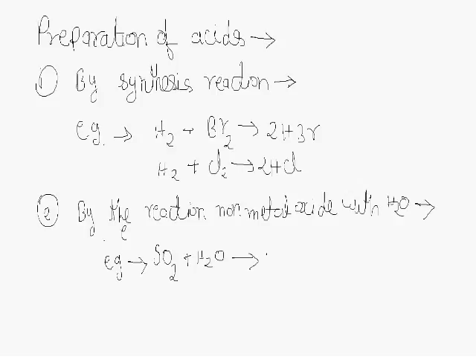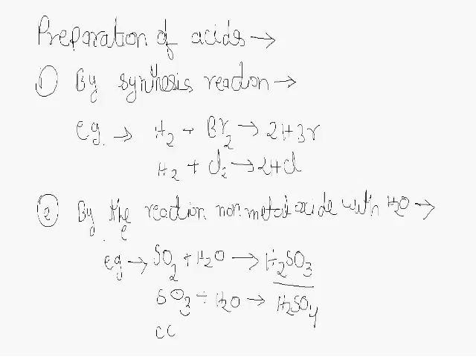It gives an acid, sulfurous acid, H2SO3. Similarly, when another non-metal oxide, sulfur trioxide SO3, reacts with H2O, it gives another acid, H2SO4, that is sulfuric acid.